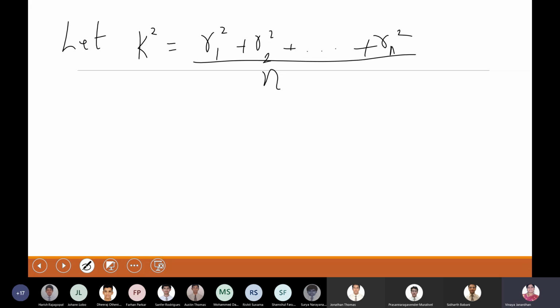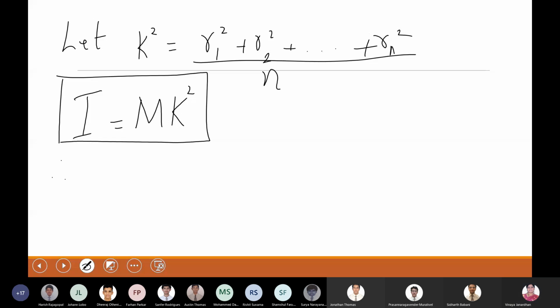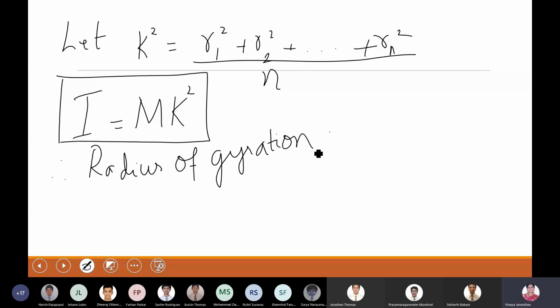So what happens to your moment of inertia then? It is Mk squared. So what is k? It is the perpendicular distance between the center of mass and the axis of rotation, called the radius of gyration, though different texts follow different ways. Now tell me the value of k from this expression.